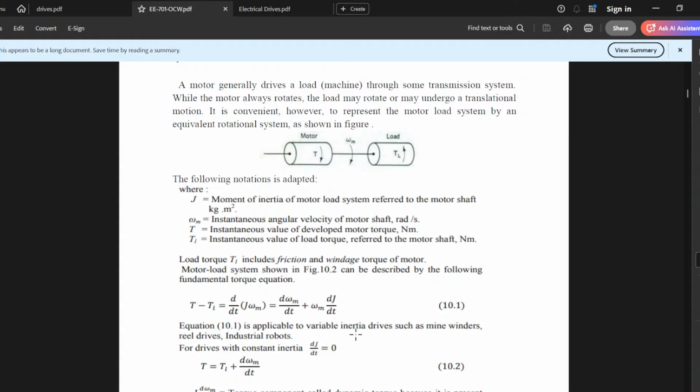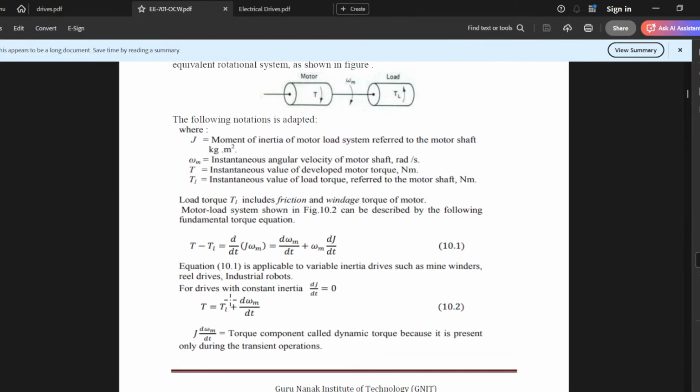This equation is applicable to variable inertia drives such as mine winders and wheel drives. For drives with constant inertia, dJ by dt is equal to 0, so this term becomes 0. So T is equal to TL plus J d omega by dt. This torque component is called dynamic torque because it is present only in the transient operation.